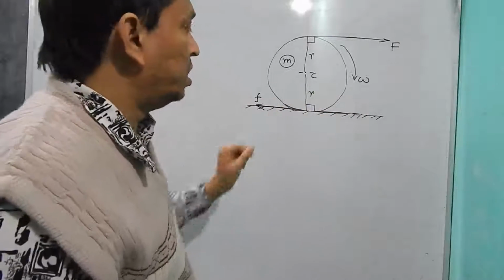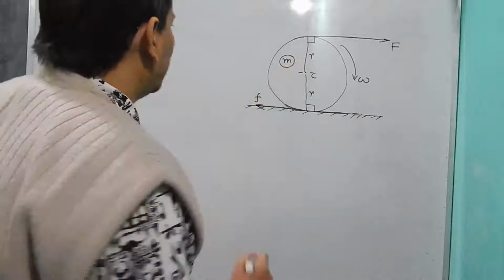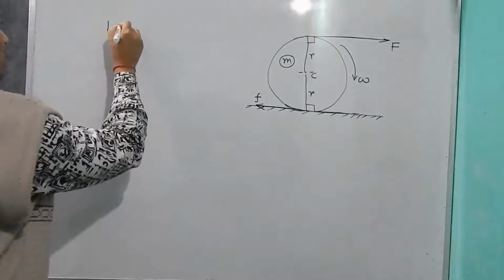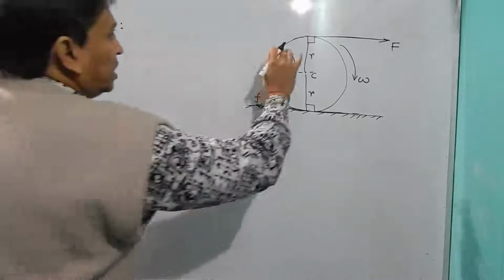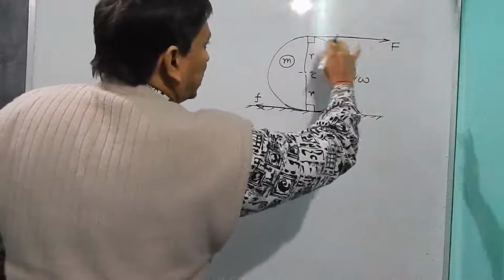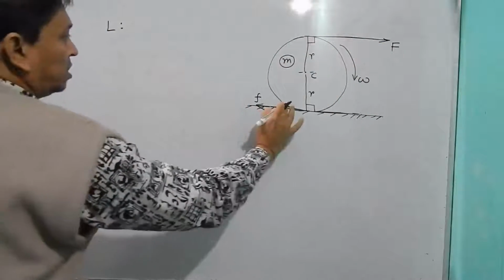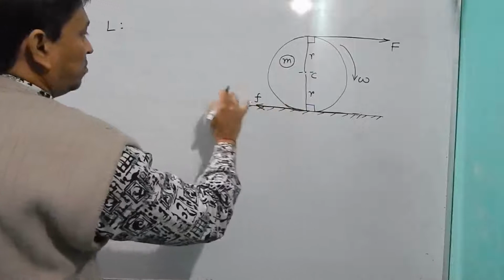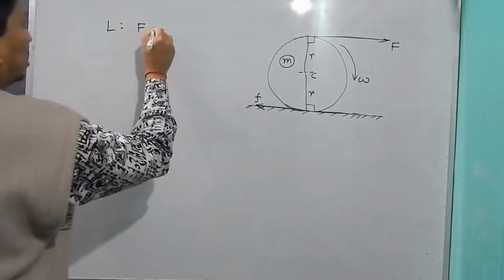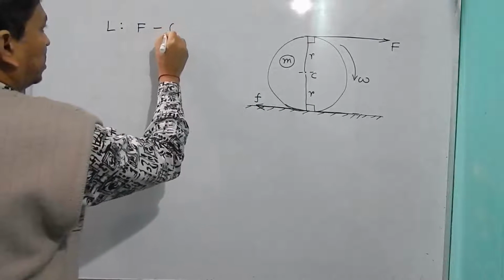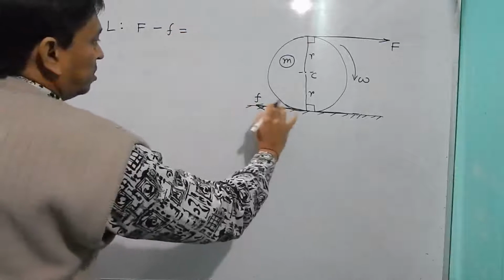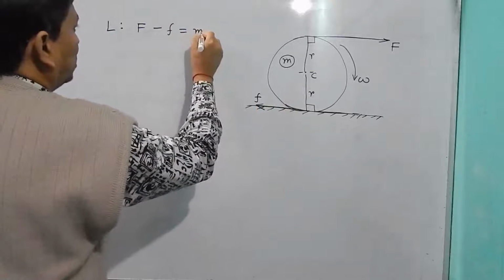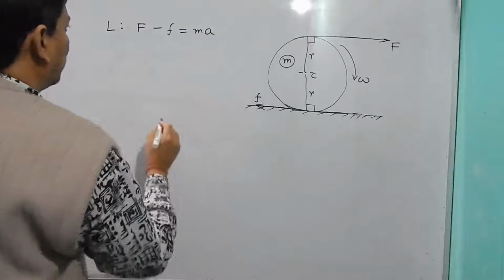So it does not matter at all. So in this case, the linear motion will be given by, the capital F is the only force dragging the body forward, and small f is giving a backward force. So F minus f gives mass into acceleration.